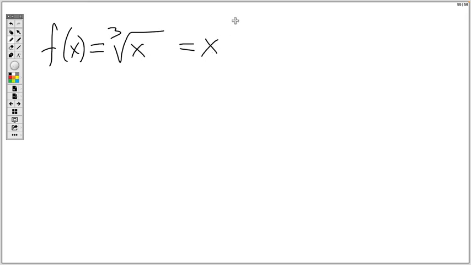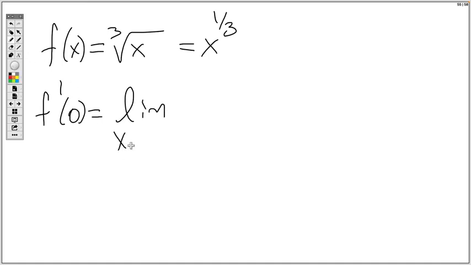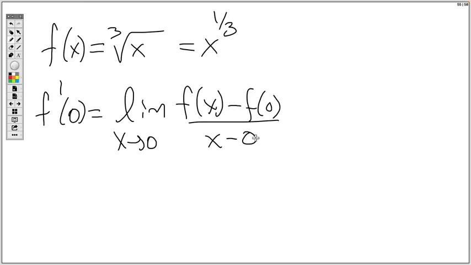Now the last kind of thing here we want to talk about is the cube root of x, which as a power, this is x to the what? 1/3. And let's take a look at what's going on here at 0 for the derivative. f prime of 0 equals the limit as x goes to 0, f of x minus f of 0 over x minus 0.